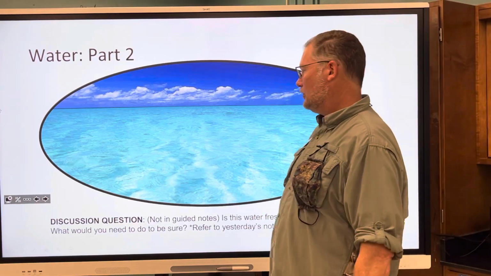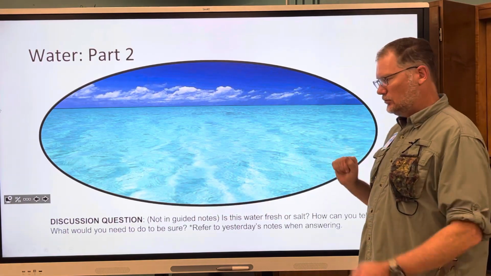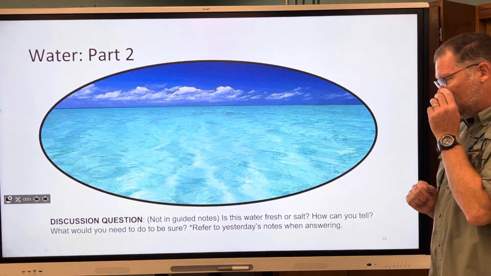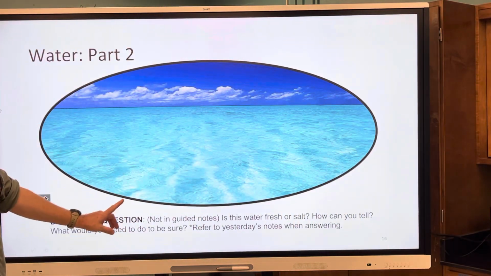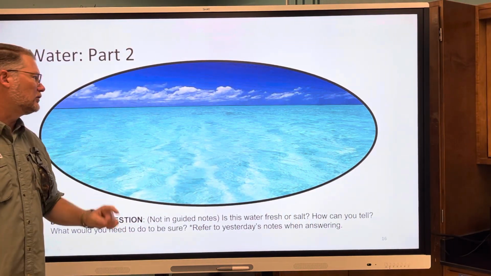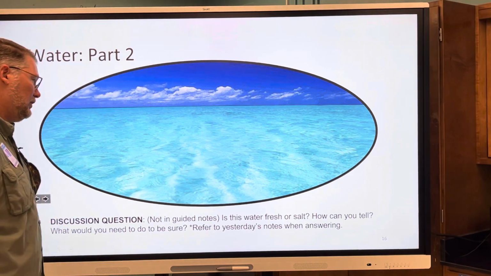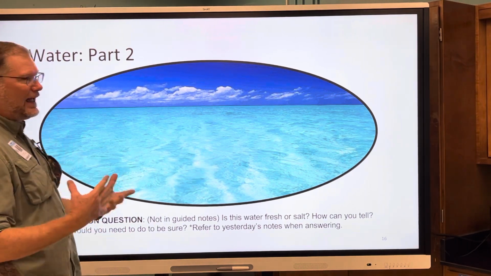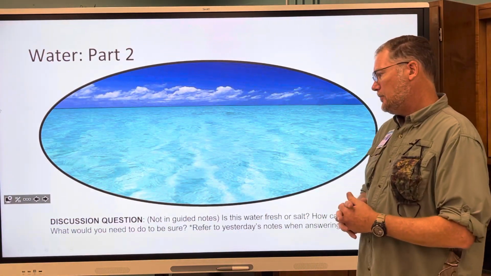Okay. So this question is not in your notes. It is a discussion question. It's kind of your bell work today. And it says, is this water fresh or salt? Because you really can't tell, can you? Okay? How would you be able to tell if this water was fresh or salt?